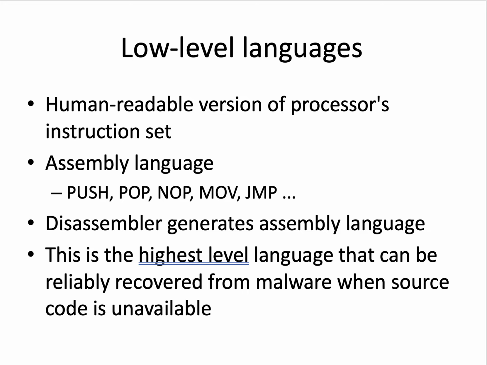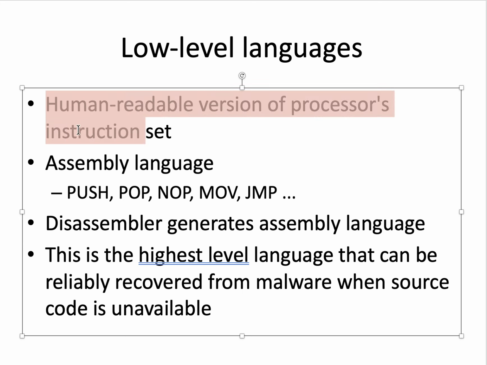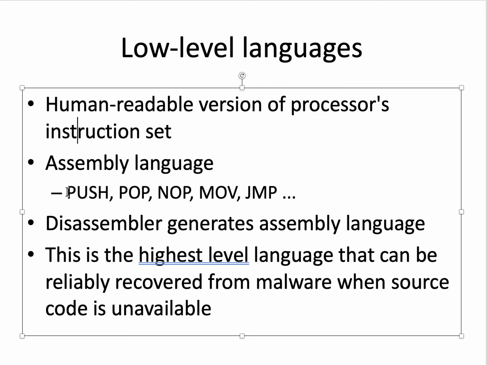These instructions, which we can see in assembly language, are what we call mnemonics, or little human-readable versions of the instructions. Examples are push, pop, NOP, which basically means do nothing, no process, move, and jump. The disassembler generates this language based on the original source code.